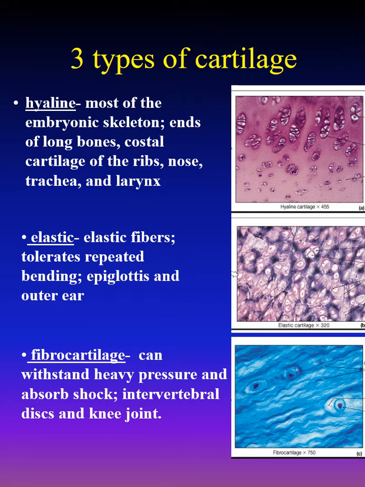And then these comprise our menisci of our knees. Fibrocartilage will have more protein fibers than ground substance, and predominantly they will be our collagen fibers.